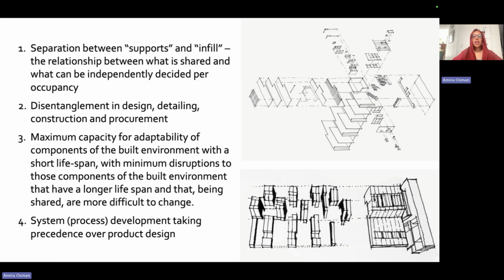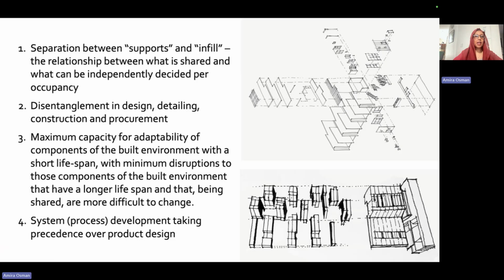So here I identify what I mean by open building. It's a separation between supports and infill, the relationship between what is shared and what can be independently decided per occupancy. It is also the disentanglement in design detailing, construction, and procurement.